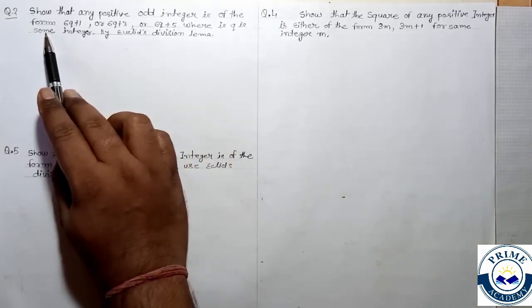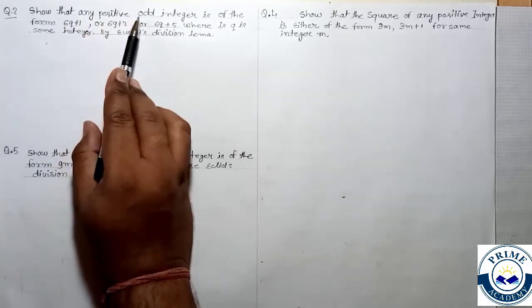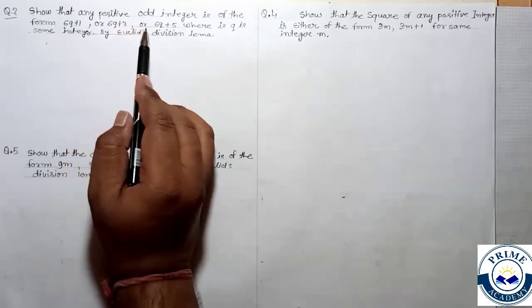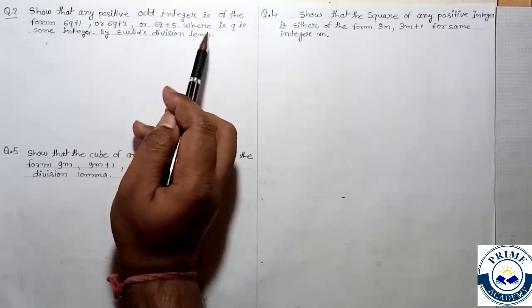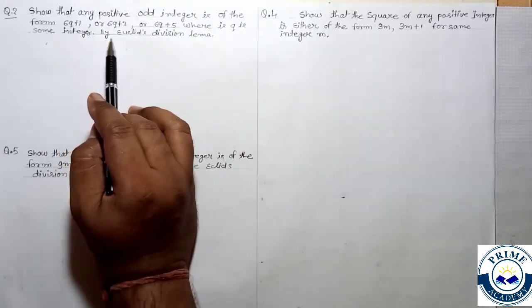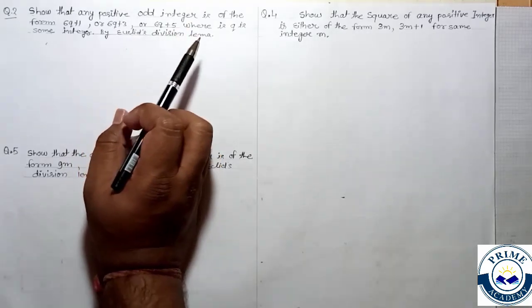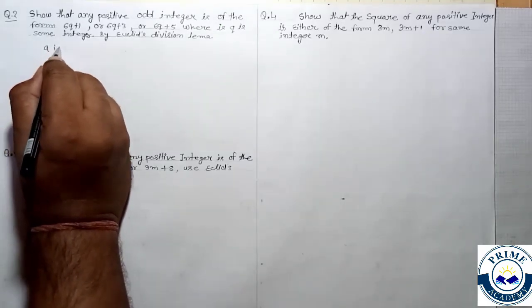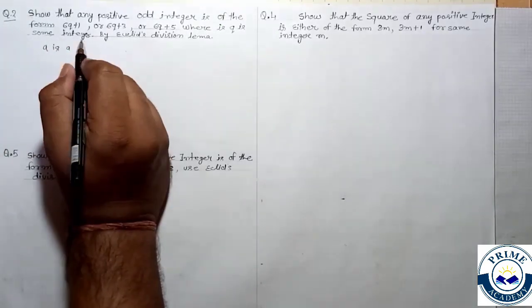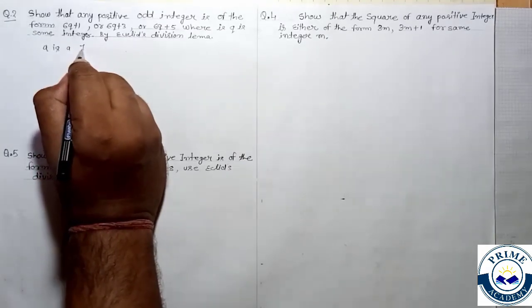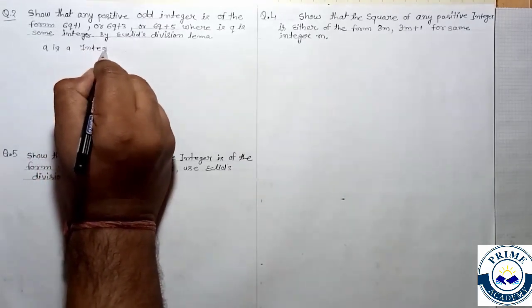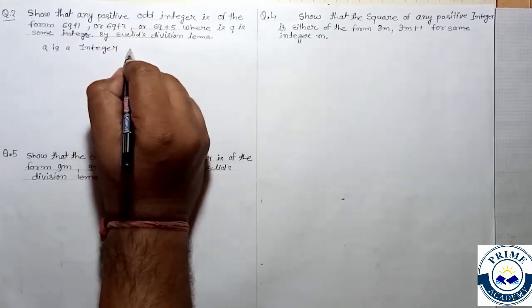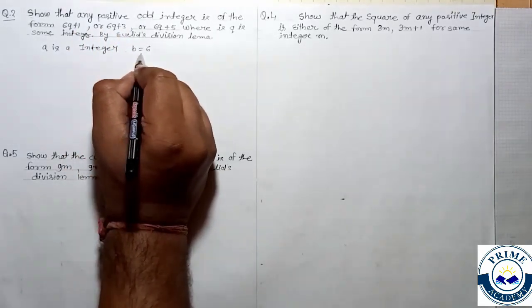I have taken question number 2: show that any positive odd integer is of the form 6q plus 1, 6q plus 3 or 6q plus 5, where q is some integer, by Euclid division lemma. So using Euclid division lemma, suppose that a is an integer, and from these observations I take b equals 6.